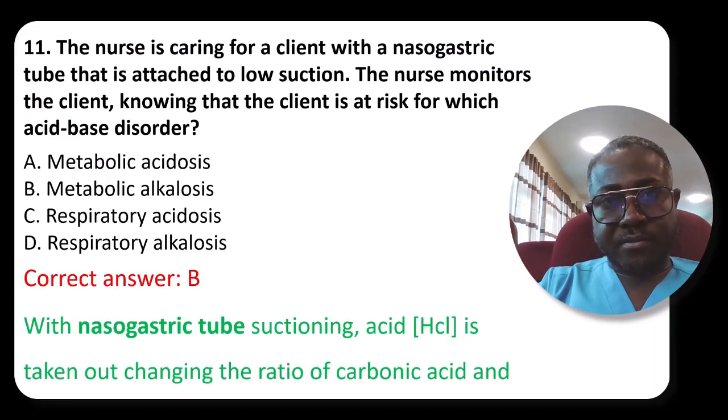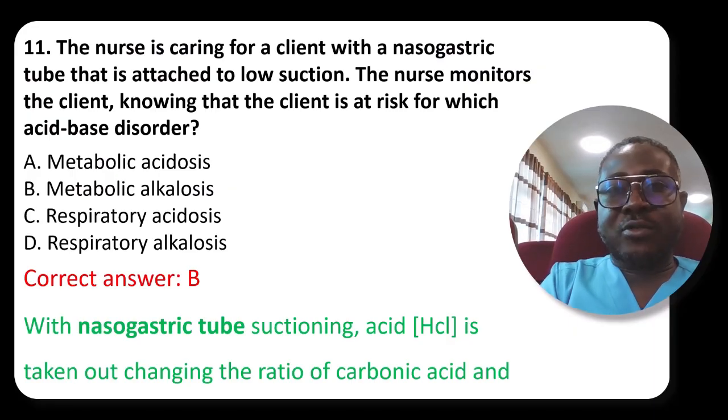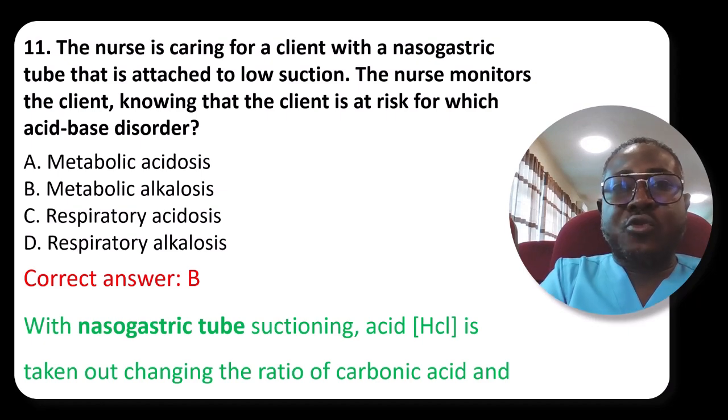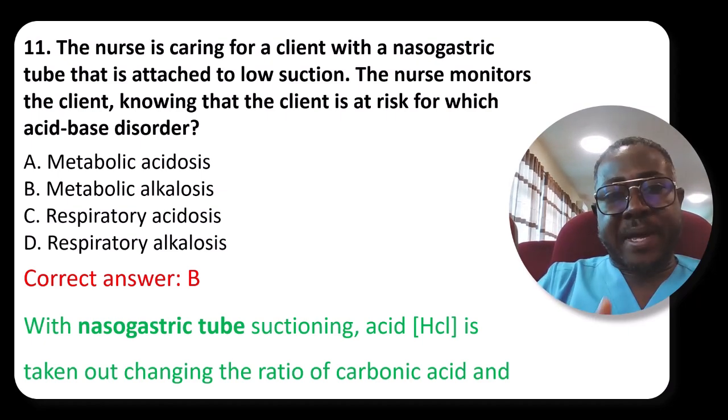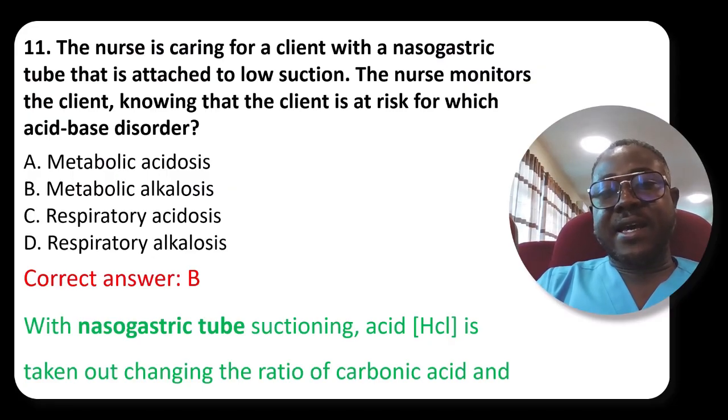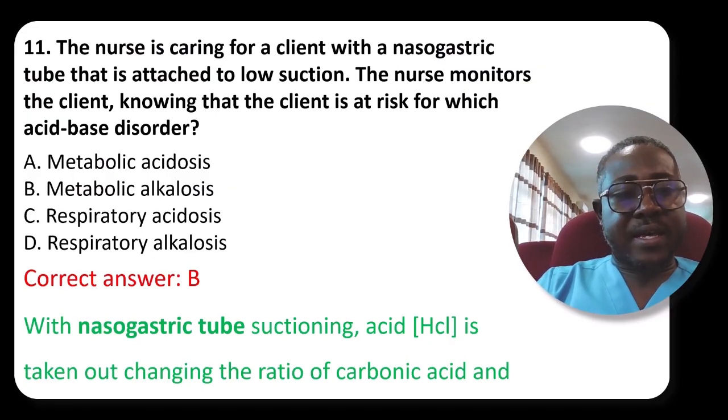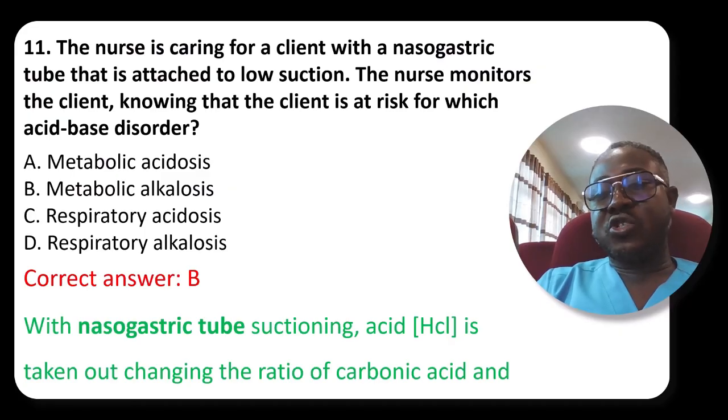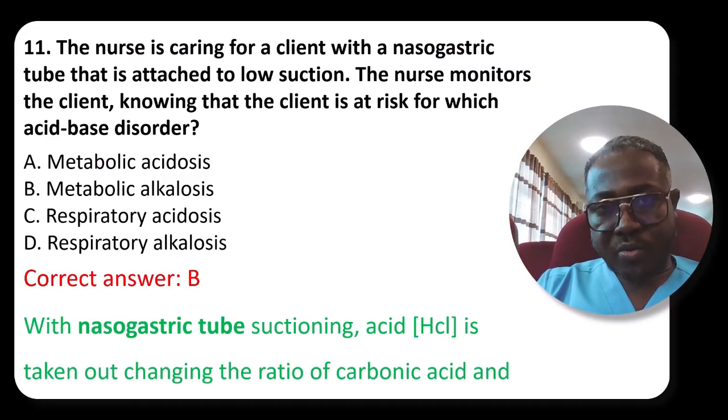Alkalosis. Okay, and since the acid is coming out not as a result of respiration, then it becomes what? Metabolic alkalosis. So we said nasogastric tube suctioning is taking acid out, changing the ratio of what? The carbonic acid and what? The bicarbonate. Okay, so this is so simple.